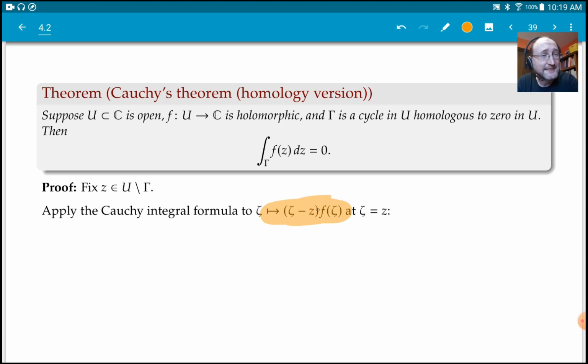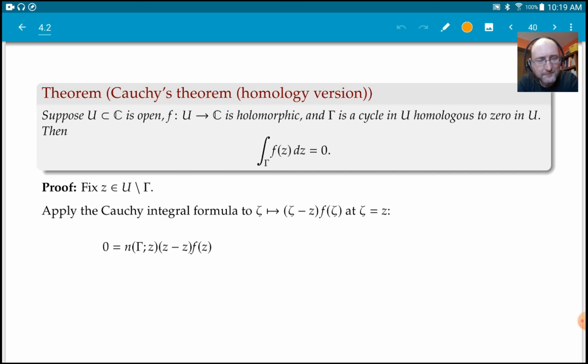That's a perfectly good holomorphic function of zeta; I'm just multiplying by zeta minus z, and z is a constant, since we're fixing z. We're going to apply the integral formula exactly at the point where zeta is z.